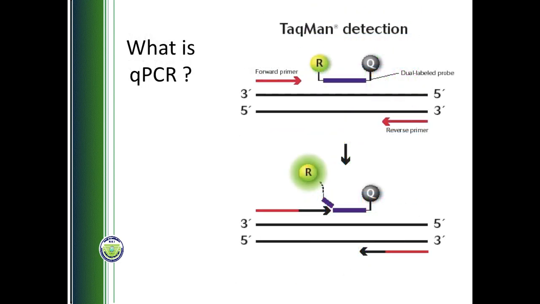In this case, the DNA detection is carried out by another version of PCR, what we call qPCR. The small q here stands for quantitative PCR. In normal PCR, if you have a large amount of DNA product, that means the specific sequence in our sample was present, a positive result.